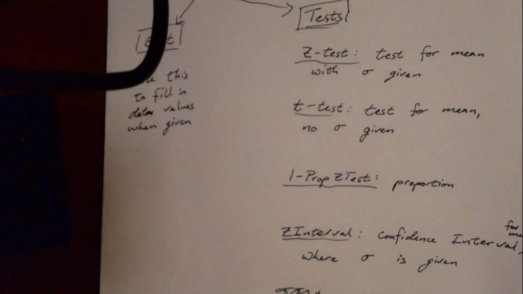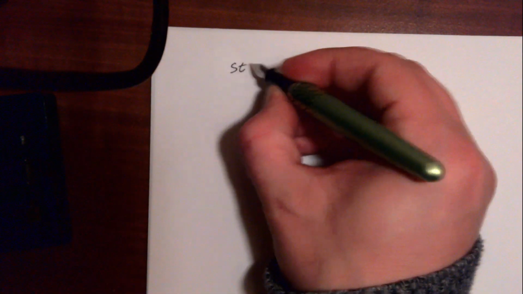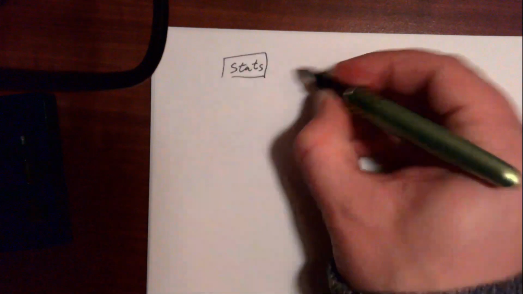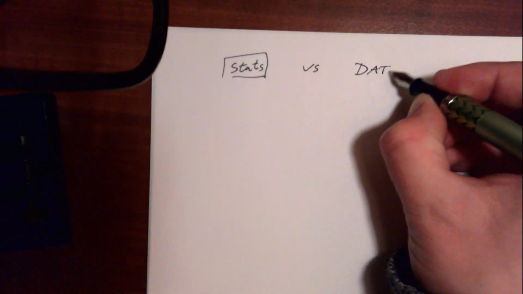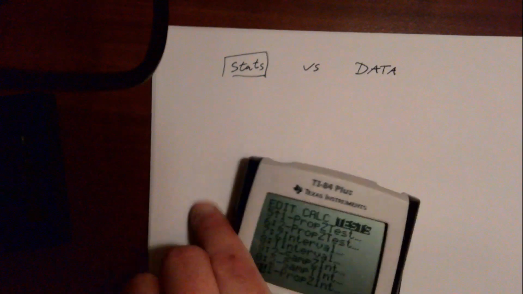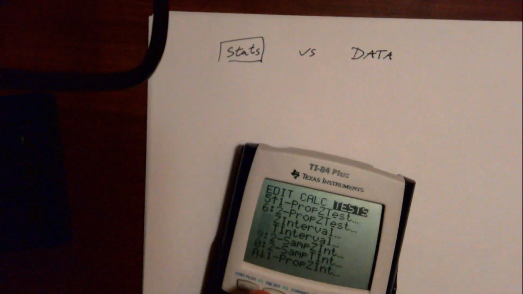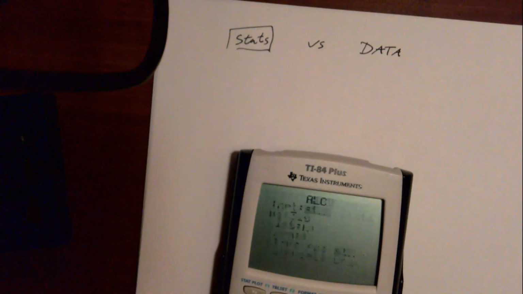Now, within each of these options, most specifically for the means, we will be given a choice of either entering in the statistics of the situation or the individual data values directly. Specifically, stats versus data. To see an example, go to a t-test. We have stats or data as our options.